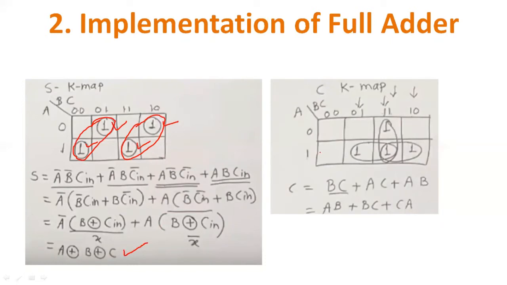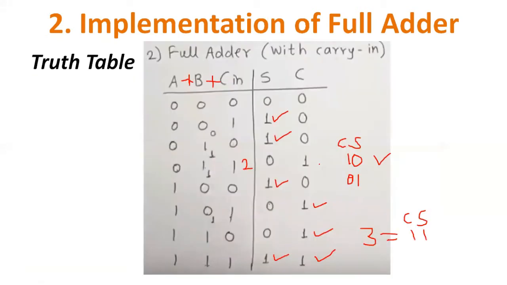Okay, and what about the carry K map? For which combinations have we got ones in the carry column? For the third combination, fifth combination, sixth combination, and seventh combination: 3, 5, 6, and 7.